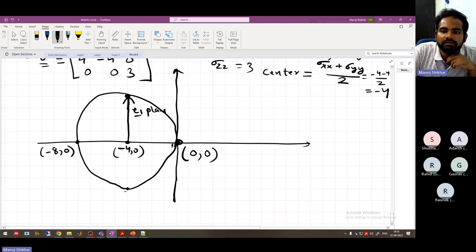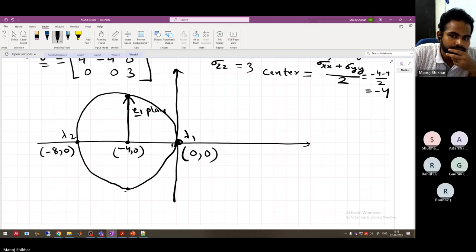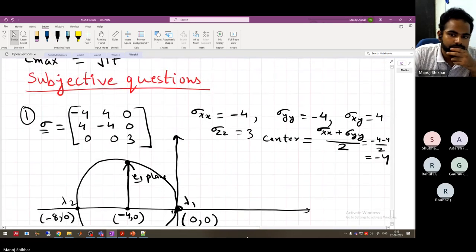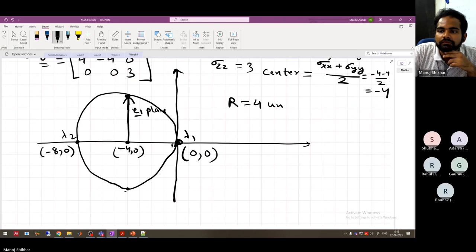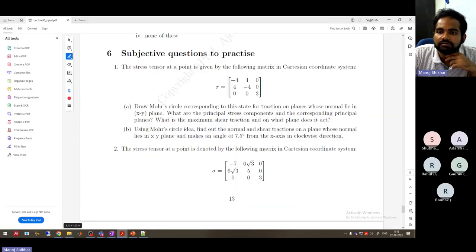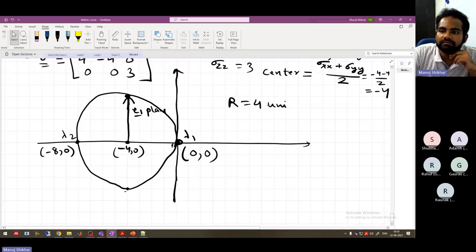So this is lambda 1, this is lambda 2. The radius is what? Radius is 4 units. Maybe let's see if they have given the units. They have not given any units, so we will write radius as 4 units.